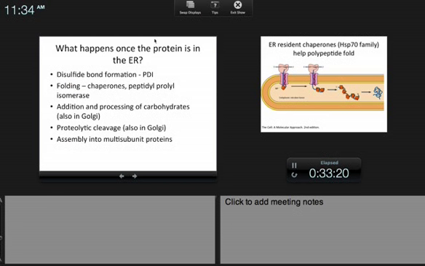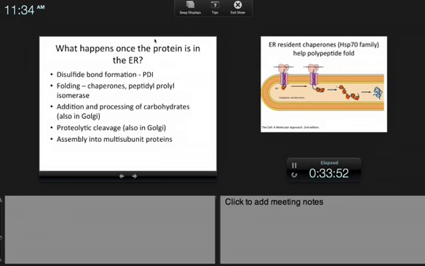You have disulfide bond formation, folding, addition and processing of carbohydrates. That also happens in the Golgi. Proteolytic cleavage, so that's cleavage of pre-proteins into proteins, also happens in the Golgi. And then assembly of proteins into different subunits, into multimers.